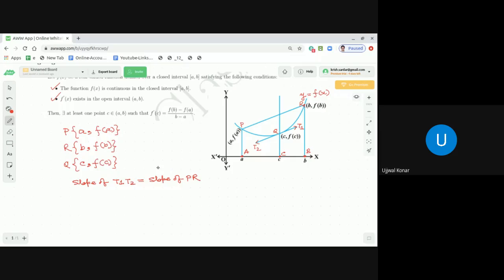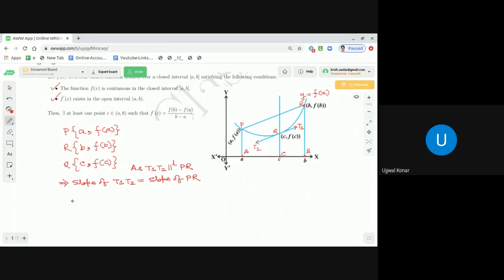Now, why are we saying so? As T1, T2 is parallel to PR, we can conclude that the slope of T1, T2 is equal to the slope of PR.